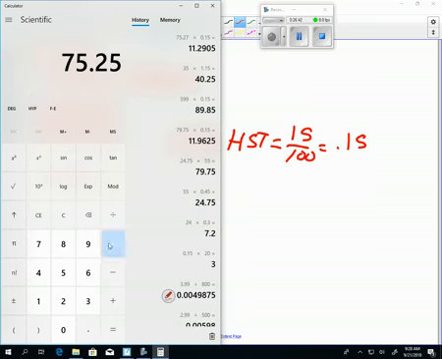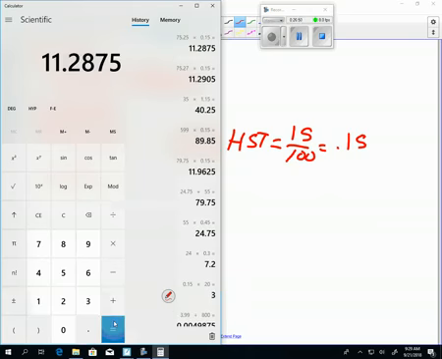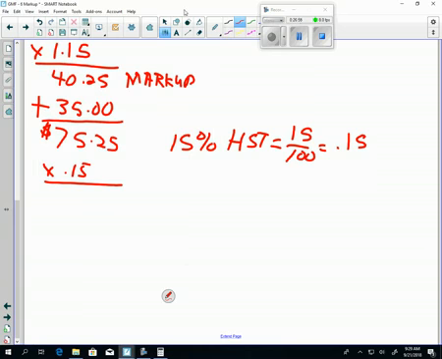Times 0.15. $11.29. So those are my taxes.